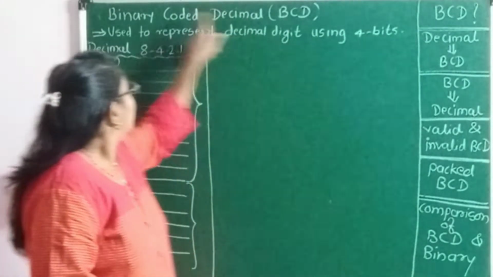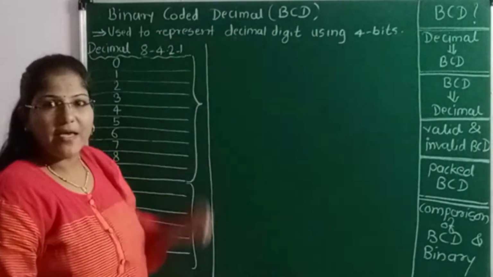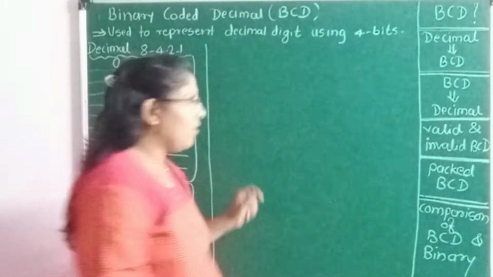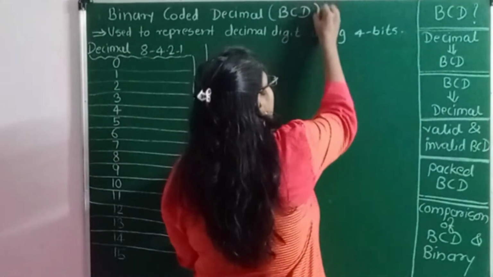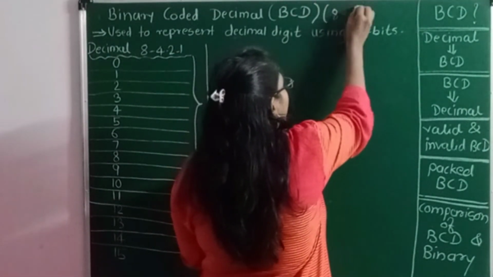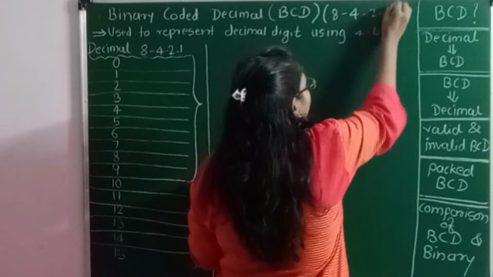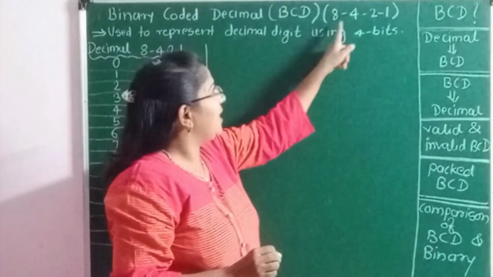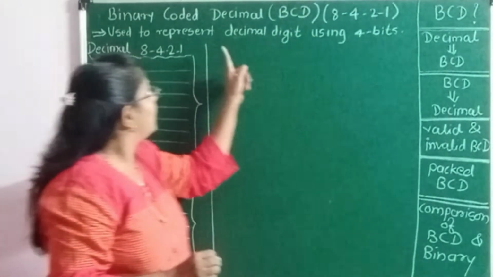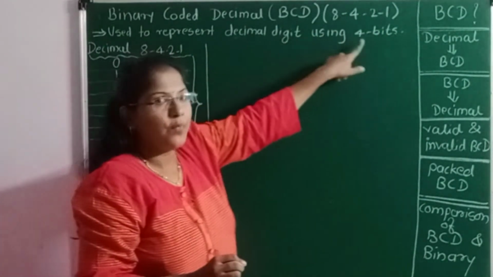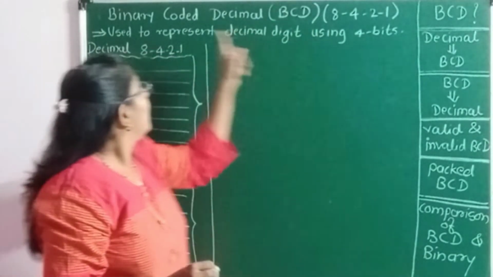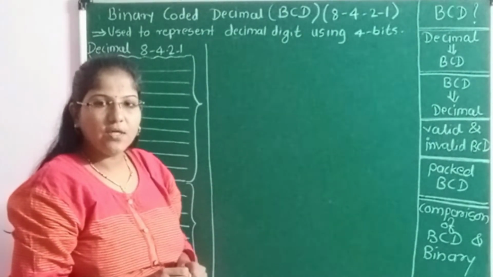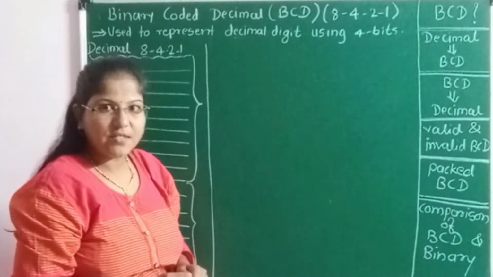And as this binary coded decimal is positional or weighted number system, there are 4 weights which are used to represent the number, and those weights are 8, 4, 2, 1. So BCD uses these 4 weighted values 8, 4, 2, 1 to represent the decimal digit using the 4 bits, and that's why this binary coded decimal is also called as the positional or weighted number system.